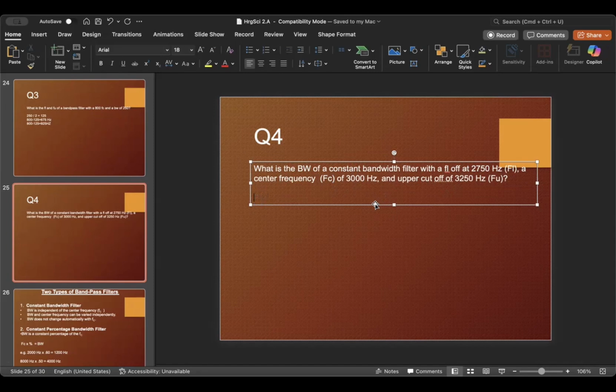We subtract the F of L from the F of U: 3250 minus 2750 is 500. But remember, the bandwidth is usually divided by 2, so in this case we multiply by 2 and we get a bandwidth of 500.